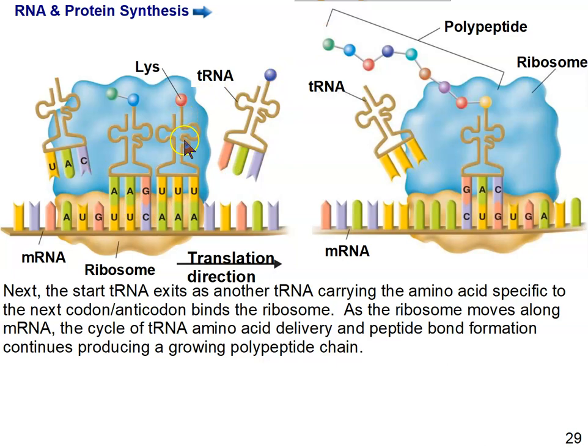Transfer RNAs come in, they move from the A site to the P site, a peptide bond forms between the amino acid that was delivered previously and the amino acid that's being delivered, and then the ribosome translocates and the transfer RNAs leave. So transfer RNAs come and they deliver their amino acids. That amino acid gets added to the growing polypeptide chain, and we end up with a polypeptide or protein.